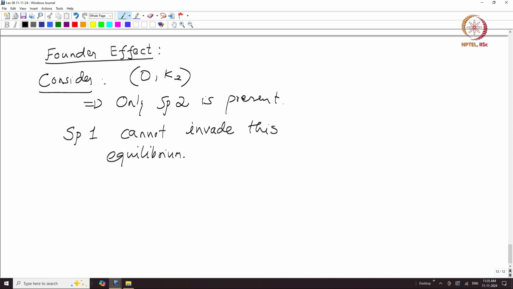Let us also consider the equilibrium in which only species 1 is present.